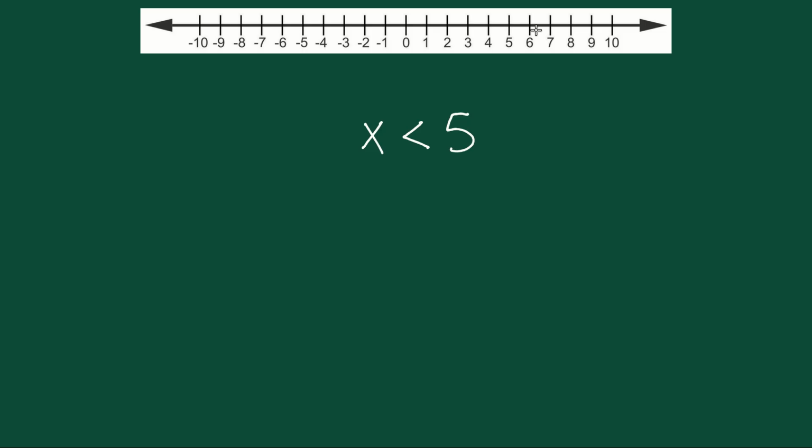For example, x is less than 5. We would go to 5, open circle, and this arrow pointing to the left means x can be anything that's to the left, anything less than 5, right? That's what this arrow means, infinitely many solutions.